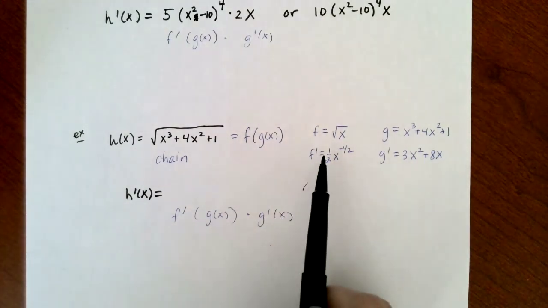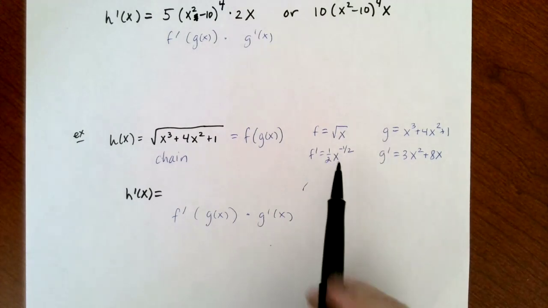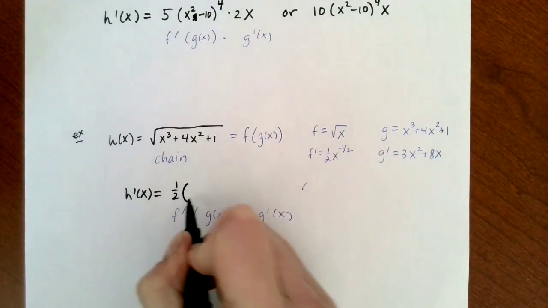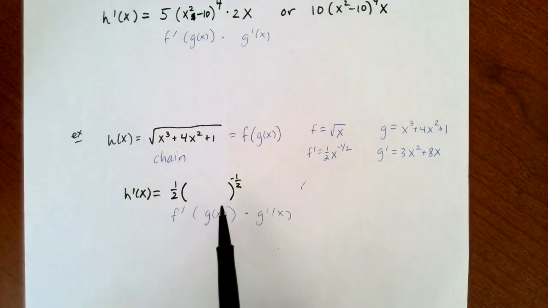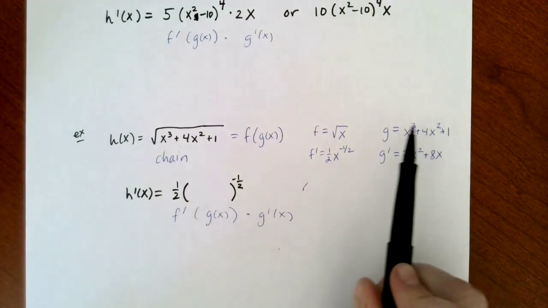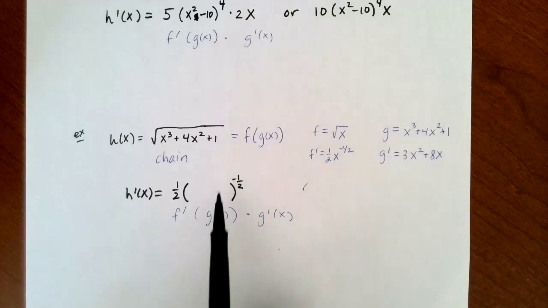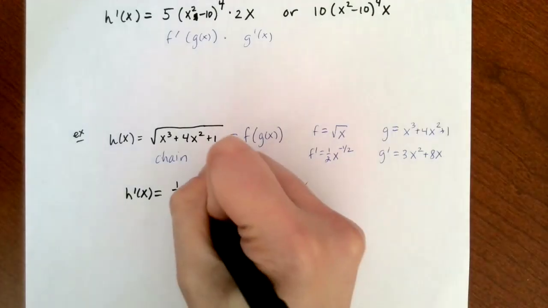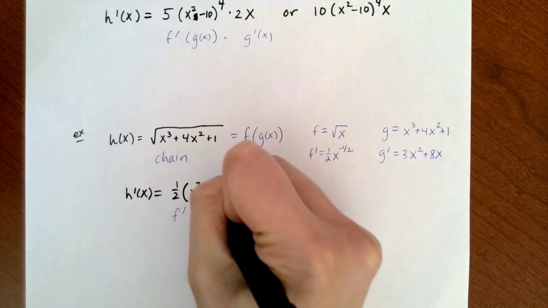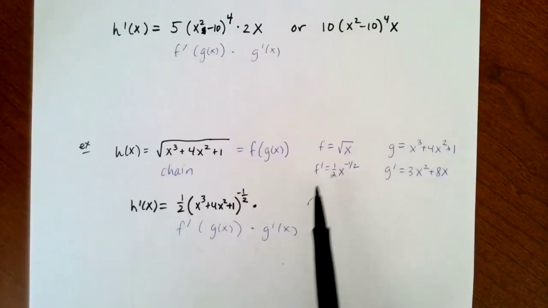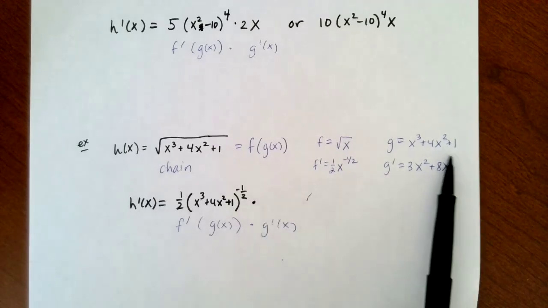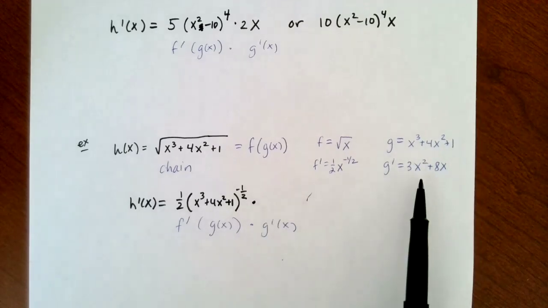So f prime of g. So this function, this is my f prime. Of g, I'm going to put this whole polynomial right in this spot. And then times g prime. So in this one, the g prime that I'm going to put in this spot is this 3x squared plus 8x.